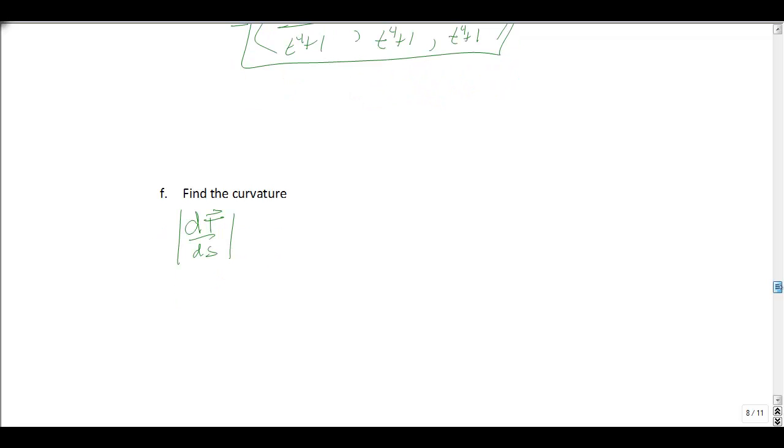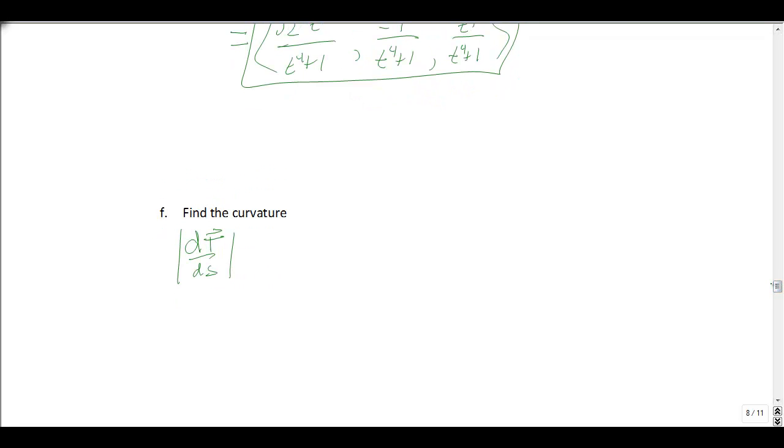So what I'm going to do instead is just rewrite this as the magnitude of dT/dt times dt/ds, which works out to be the magnitude of dT/dt times 1 over, this is really an absolute value of ds/dt. Note ds/dt is really just the speed.